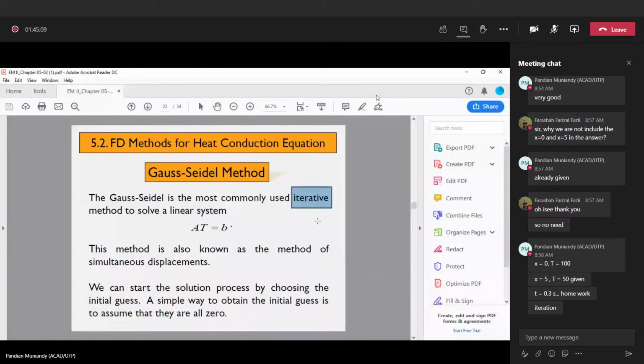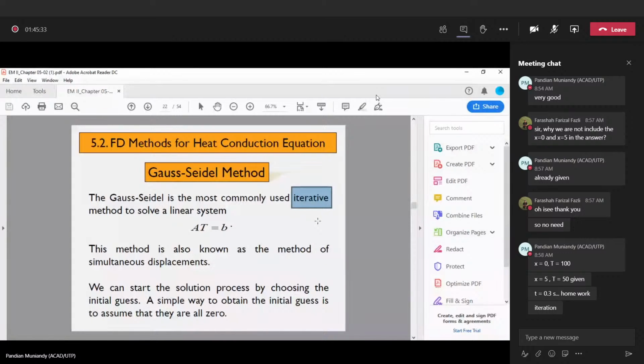You didn't use this word when you studied chapter 4, Euler, Heun's method, and Runge-Kutta. All these three methods in chapter 4 are iterative methods, but we didn't use this word because we just use the repeated process. You repeat.